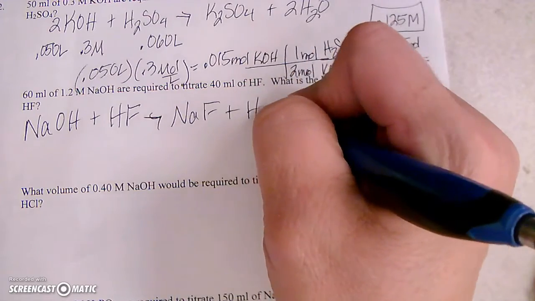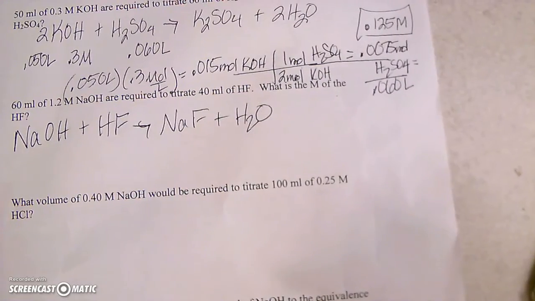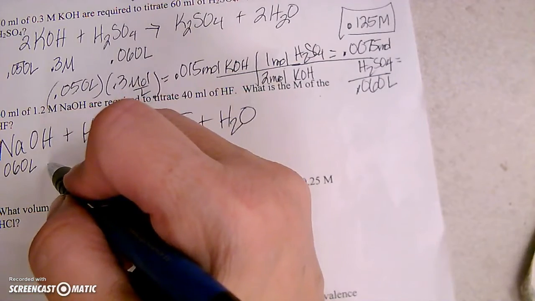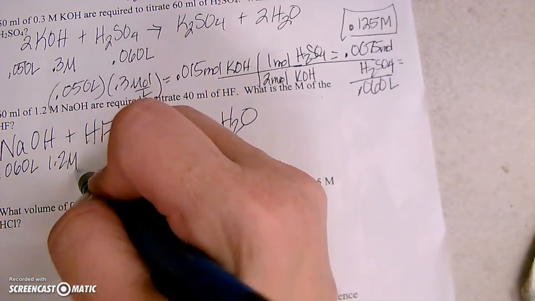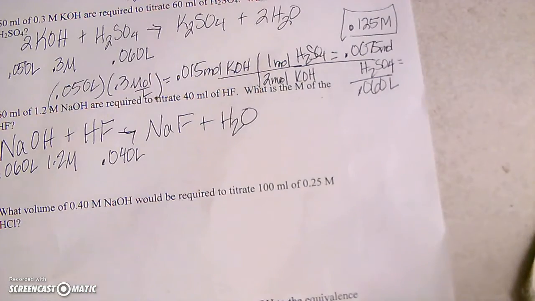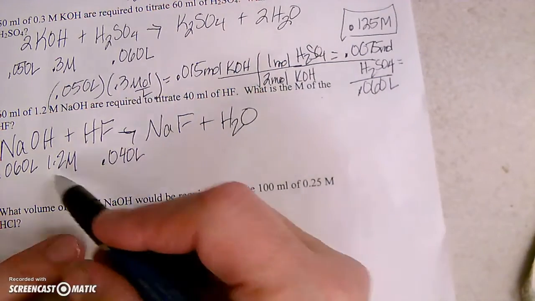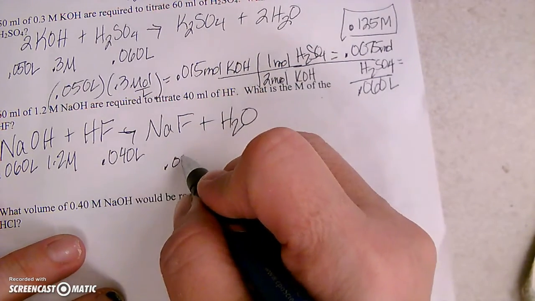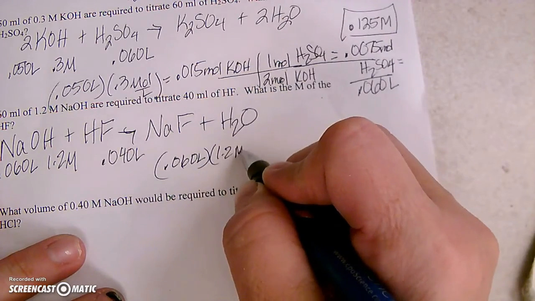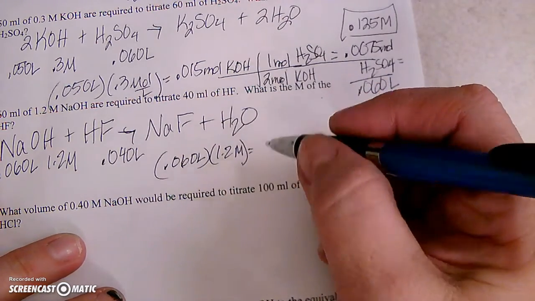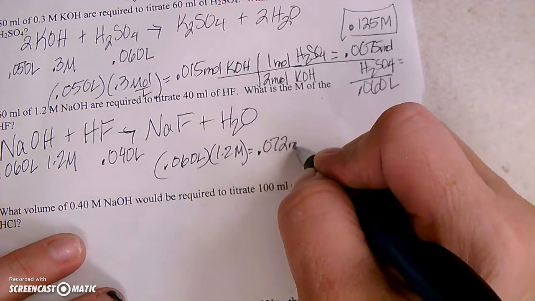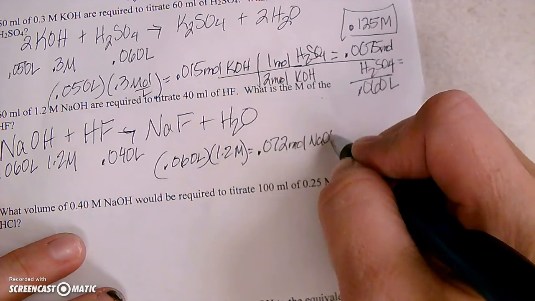Here's our next equation. So, what's our known information? 0.060 liters of sodium hydroxide and a molarity of 1.2. We know we have 0.040 liters of hydrofluoric acid. What's the molarity? Again, start with what's known. 0.060 liters times 1.2 molarity will give us 0.072 moles of sodium hydroxide.